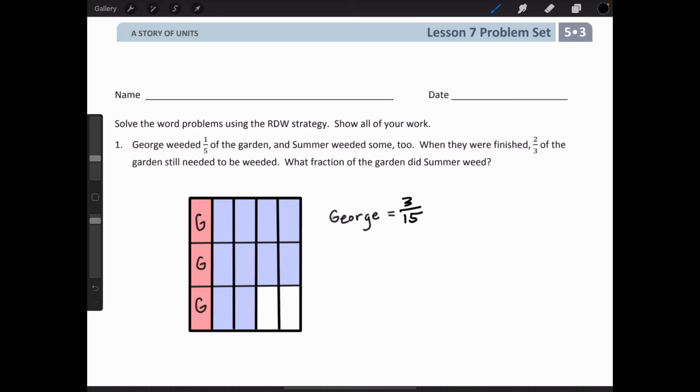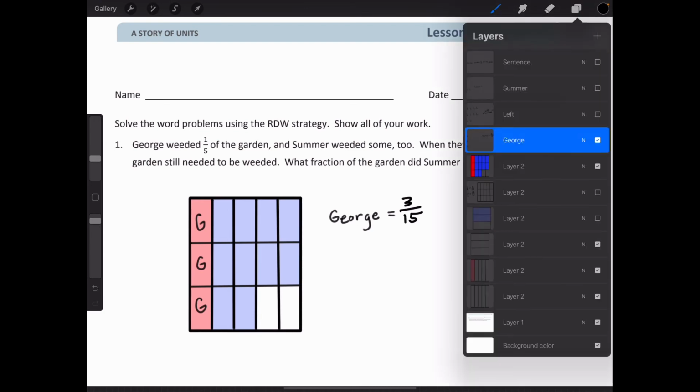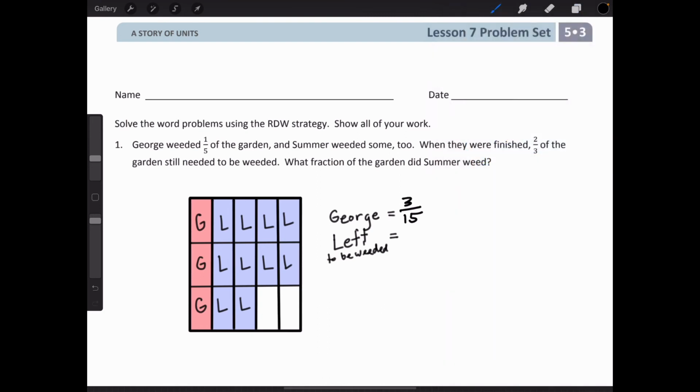And how many 15ths were left after both George and Summer weeded some? I'm going to mark the blue as those left. So just count how many 15ths there are there. And we can see that there is 10 15ths.